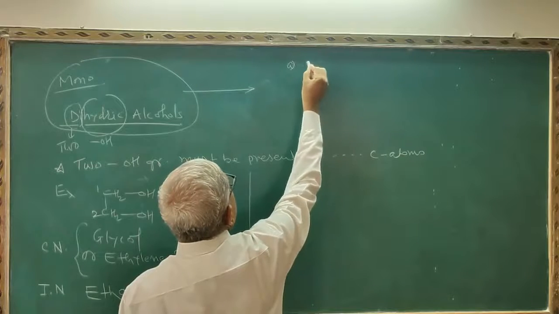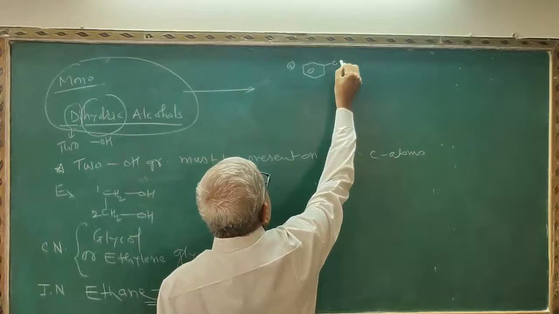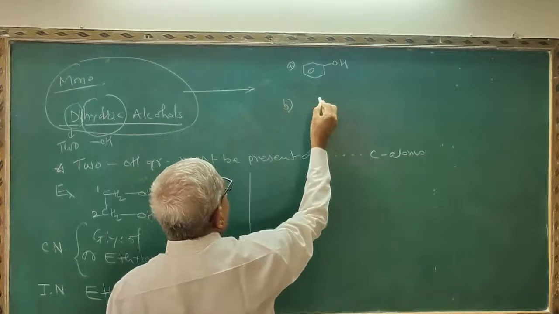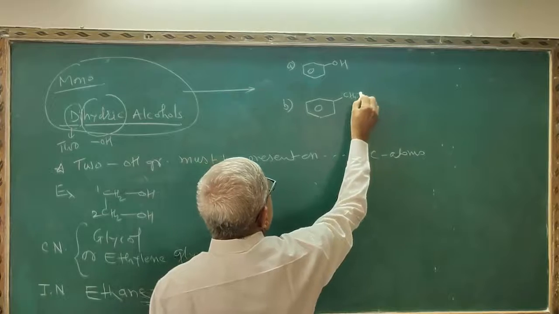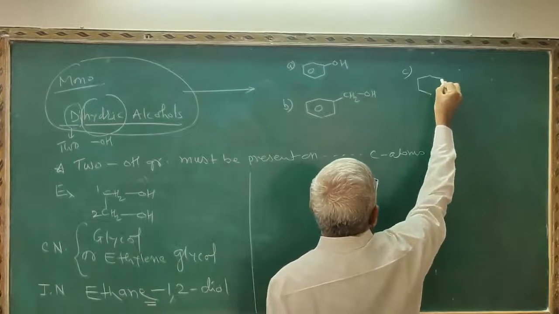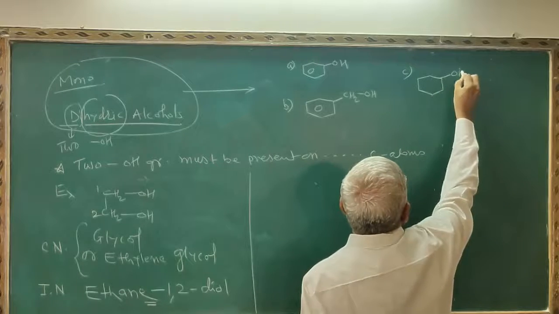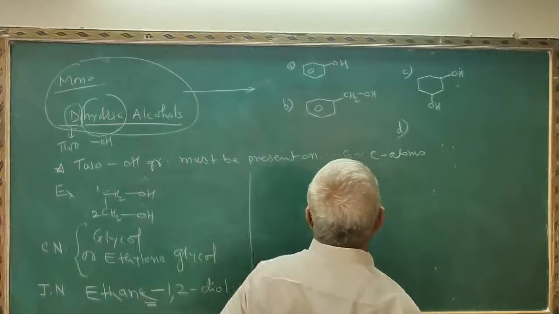See here, I will give some options: OH is the A option, the B option, CH2OH, the C option, and the D option.